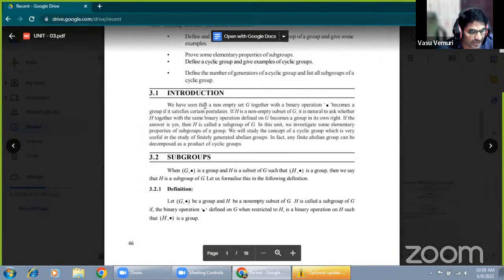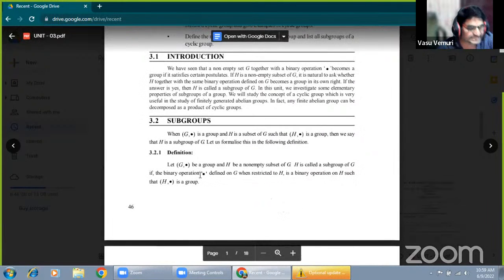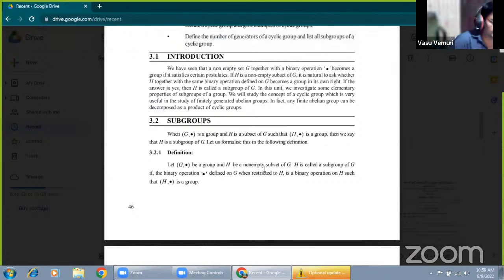Now, just you have to see what a subgroup is. Let G under multiplication be a group and H be a non-empty subset of G. Non-empty subset means the set is already there and one of its subsets is taken, with some few elements from the given set. Those sets completely depend upon the given set.